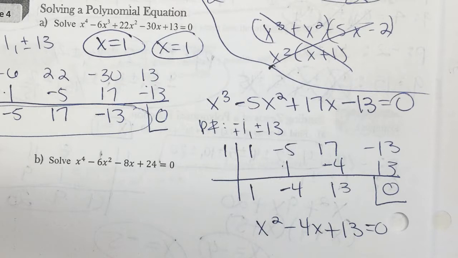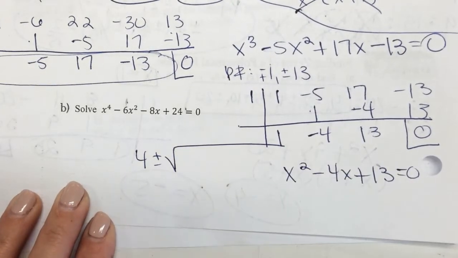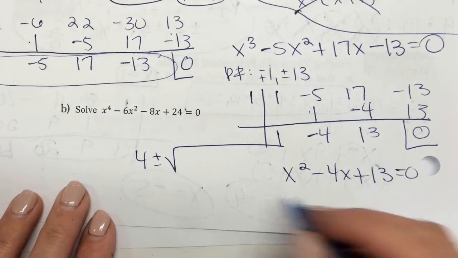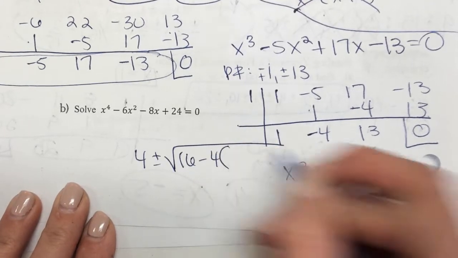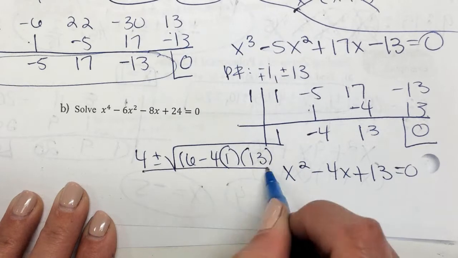Now what? You'll have one of these on your test, just one. Quadratic formula. So that's going to be 4 plus or minus the square root of 4 squared minus 4 times a, which is 1, times c, which is 13.